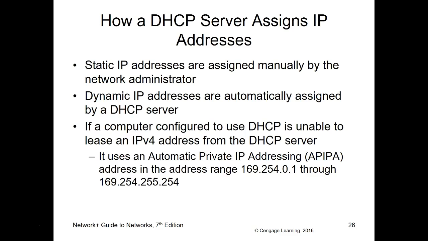Windows machines, if they don't see a DHCP server or don't get a response back, because they're waving their arm like they just don't care, after a few seconds go, nobody wants to give me an address, I'm going to set one on my own. And it gets this private IP address that starts with 169. It's not particularly useful, but it gives me an idea that something happened and something's wrong.